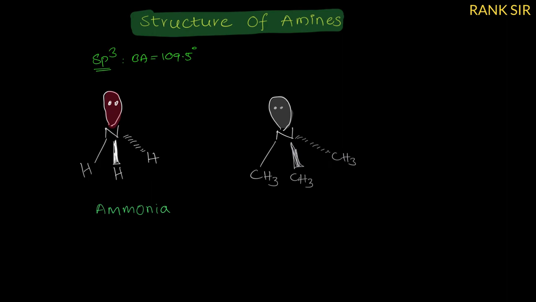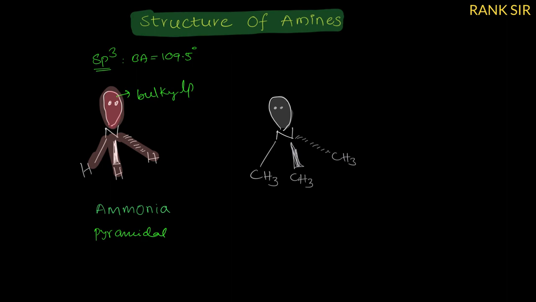Then, in ammonia, what is the actual structure? A pyramidal shape. This lone pair is bulkier, and this bulky lone pair compresses these bonds. This bond and this bond are compressed by the lone pair.